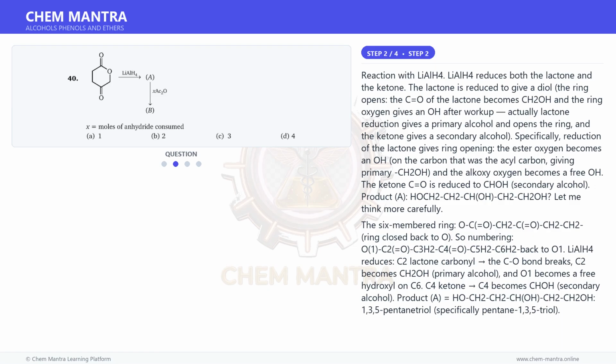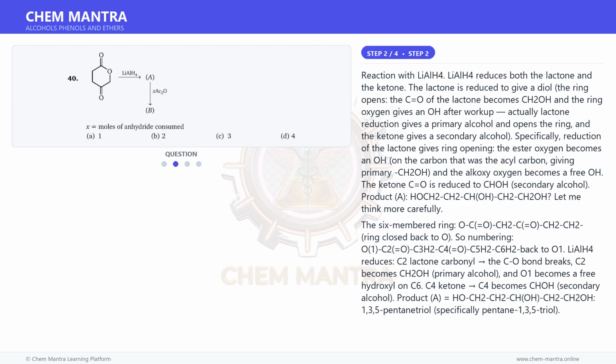The ester oxygen becomes an OH on the carbon that was the acyl carbon, giving primary CH2OH, and the alkoxy oxygen becomes a free OH. The ketone C=O is reduced to CHOH, secondary alcohol.